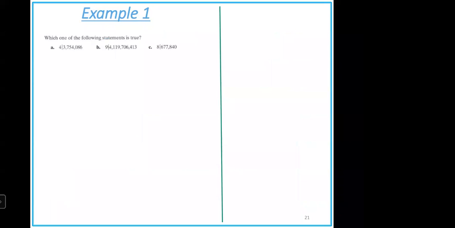In example 1, they're asking you to say whether or not the following are true by looking at the rules. So the first one is asking you, does 4 divide 3,754,086?